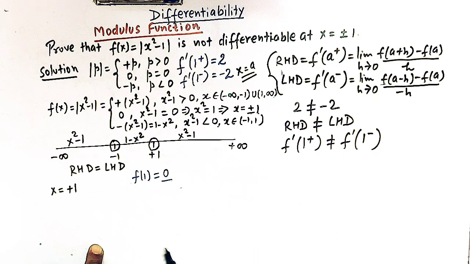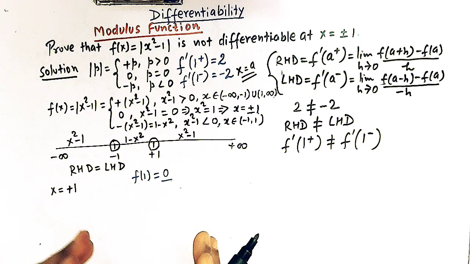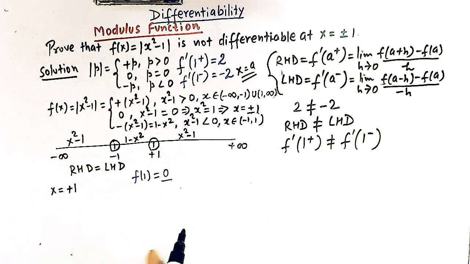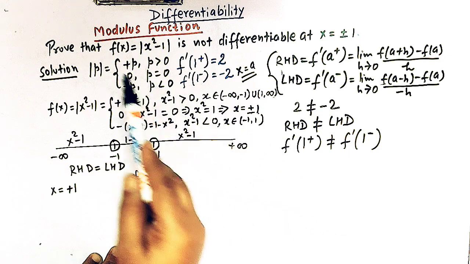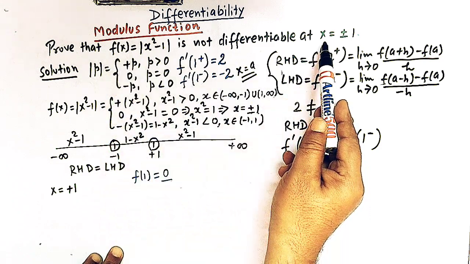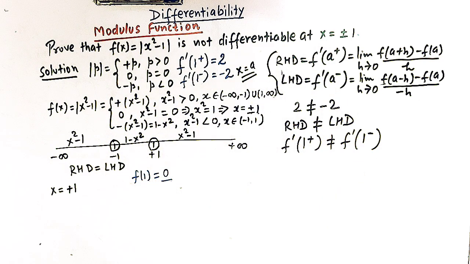Therefore we can conclude that this function is not differentiable at x is equal to 1. So similarly we can prove that this function f of x is not differentiable at x is equal to minus 1.